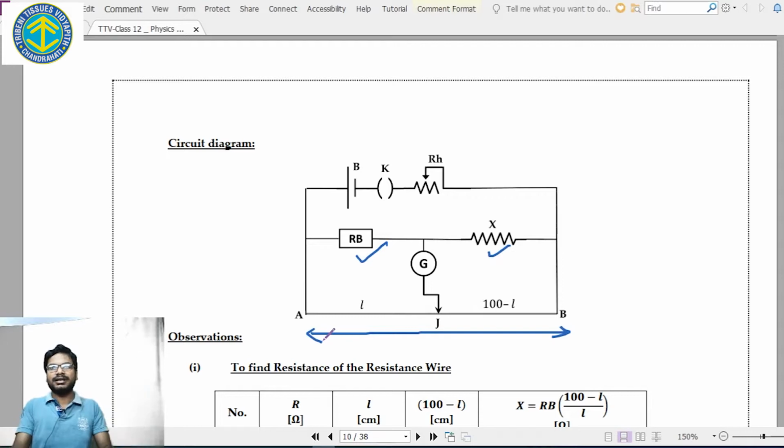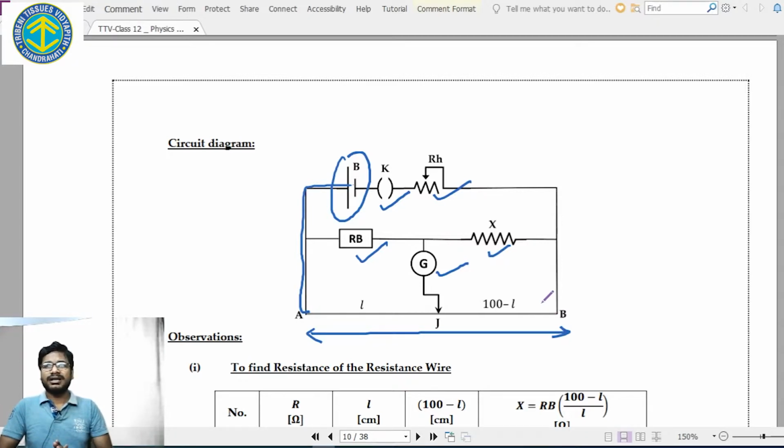There are two terminals A and B. You will see everything in the practical lab, and we will connect these by wires, and there is a power source which is called B, and a key, a rheostat, and a galvanometer. So this is the basic circuit arrangement. We'll do it in the laboratory, but first we want to understand the entire theory.